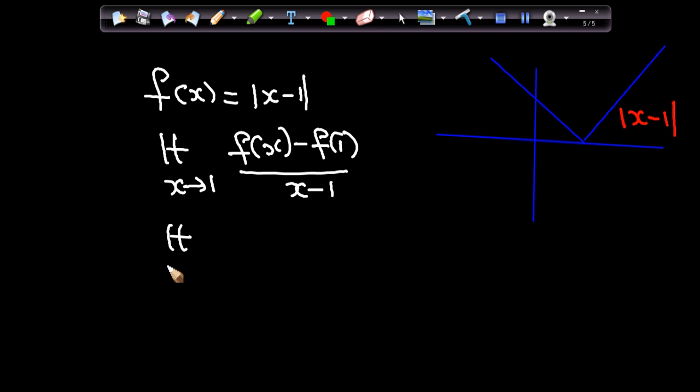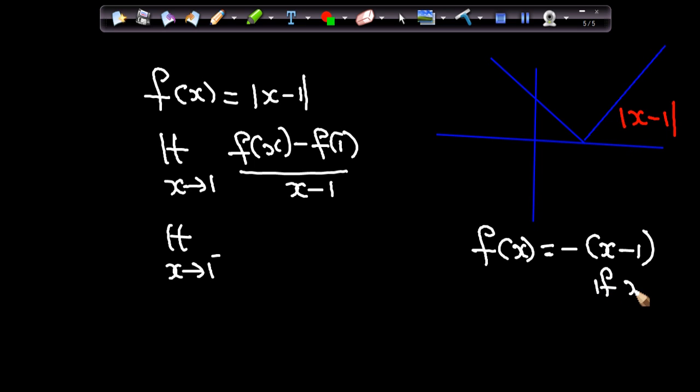So I will find the left hand limit and the right hand limit. If x tends to 1 minus, we know f of x is minus of x minus 1 if x is less than 1, and f of x is equal to x minus 1 if x is greater than 1.